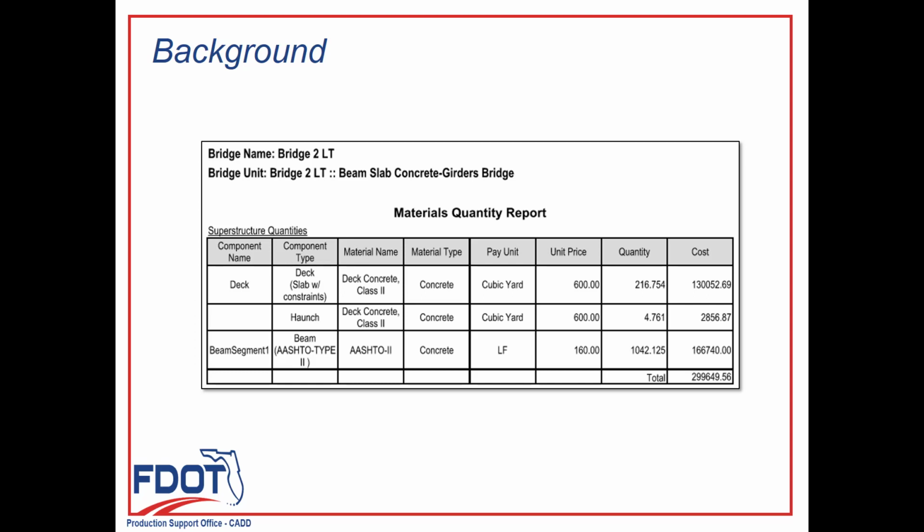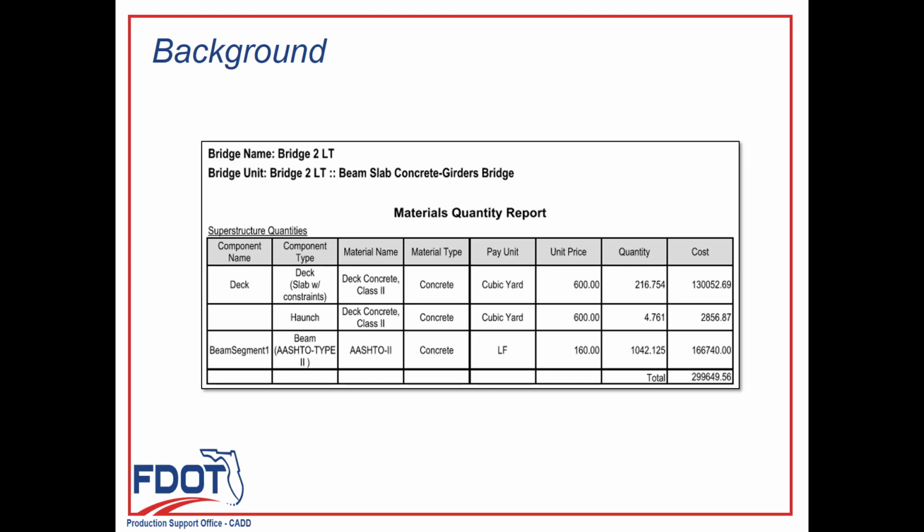There are some assumptions that are made in the materials quantity report that you should be aware of. For example, it assumes that the haunch buildup is linear between the two bearings, so it does not take into account variations from the parabolic beam camber.